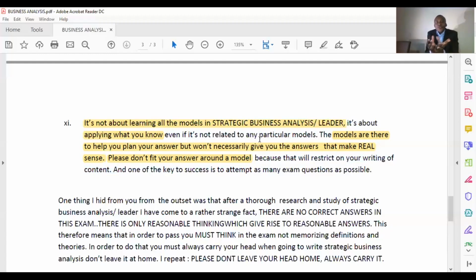Imagine if you are just thinking about Porter's model, or whatever five forces model, and you are restricted in using your common sense because you are restricted to think about the model. So don't make it a habit of wanting your answers to fit within a particular model. No, you must be able to use common sense in order for that model to work for you.